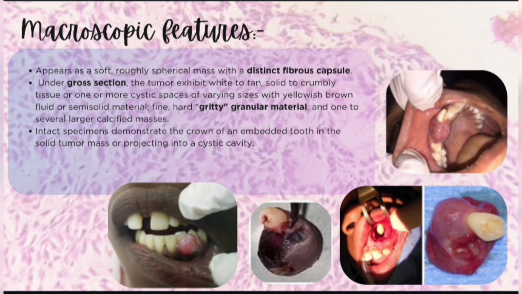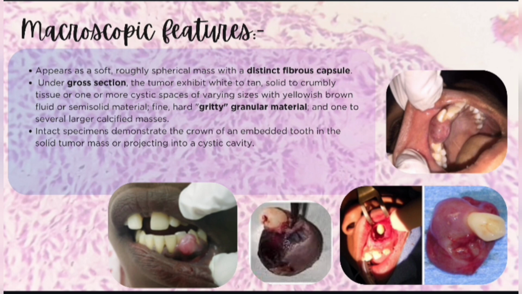The capsule is to limit the tumor within its range, like in cyst formation, where there is epithelialization. So there is a distinct fibrous capsule formation around the tumor to limit the growth of the tumor, along with preserving the other surrounding structures of the teeth.